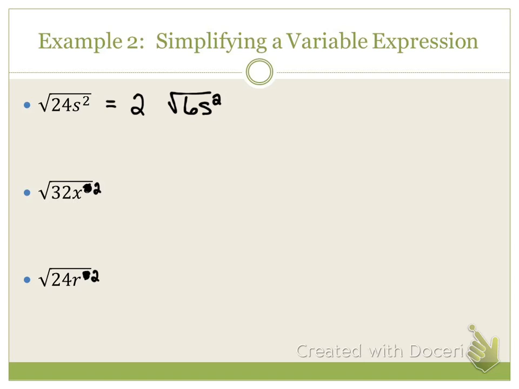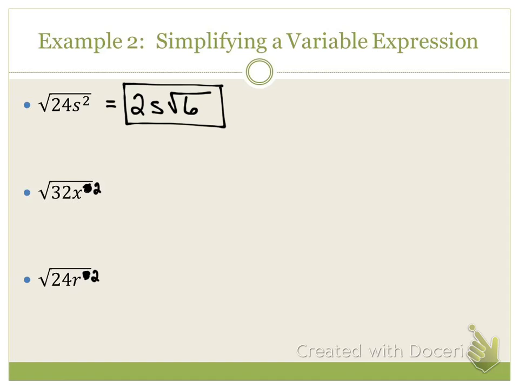If I take the square root of s squared, what do I get? Just s. Isn't that what we did when we solved equations? We took the square root of both sides. Okay, so I just have s. So I can pull out the square root of s squared also. All right, and I would just have 2s times the square root of 6.